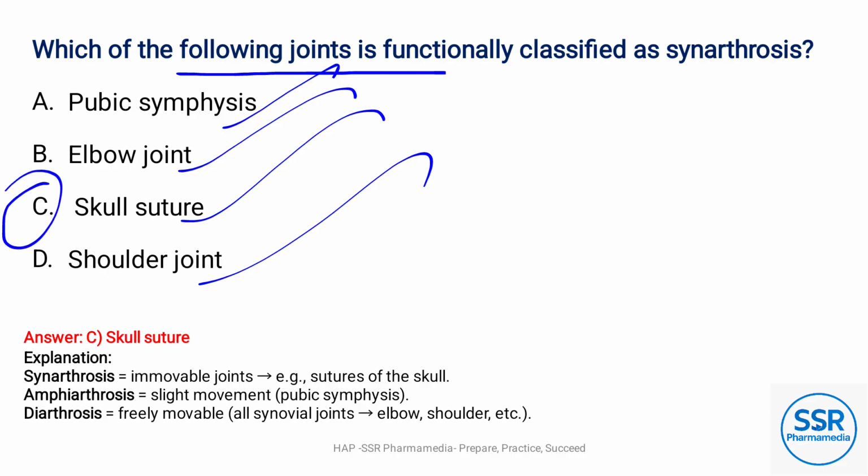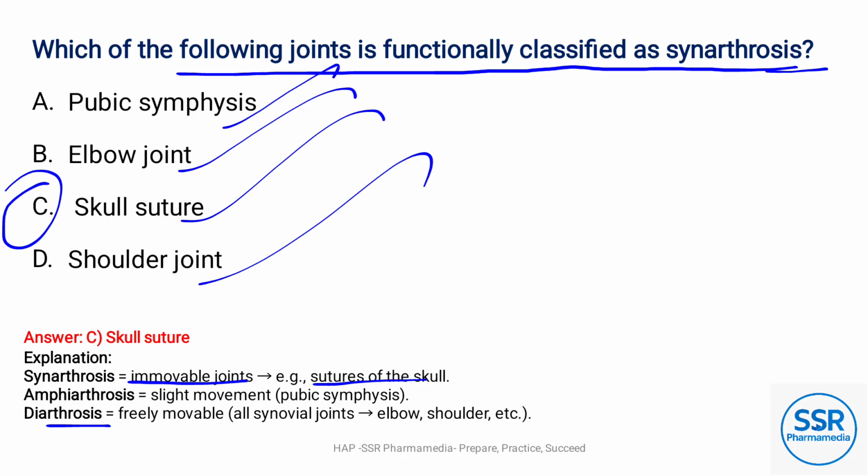The joint functionally classified as synarthrosis means an immovable joint. Example: sutures of the skull. Amphiarthrosis is a slightly movable joint, like the pubic symphysis.